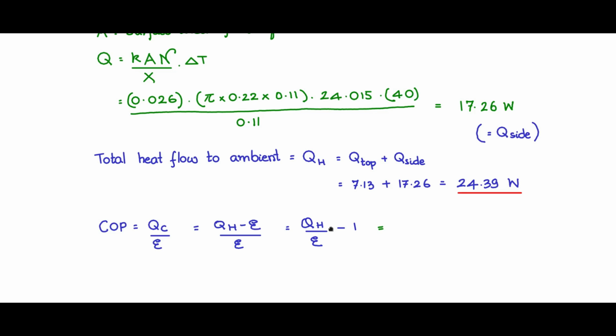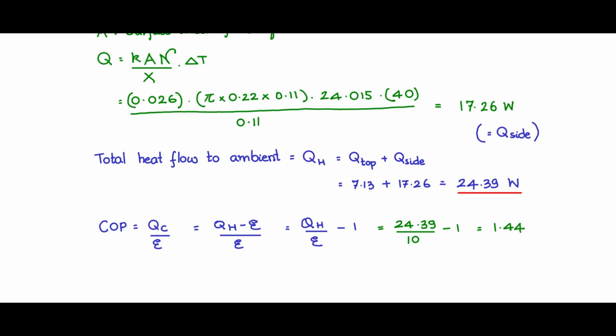QH is known, 24.39. So that is 24.39 by, we said 10 watts for Vp into Ip, minus 1, and you will get 1.44. This is the COP value.